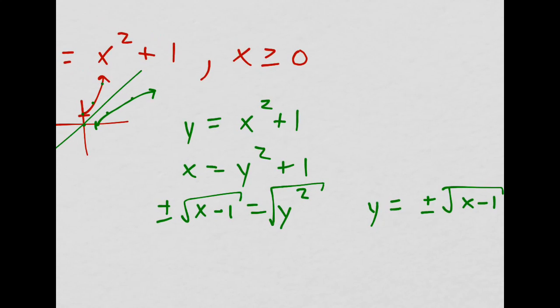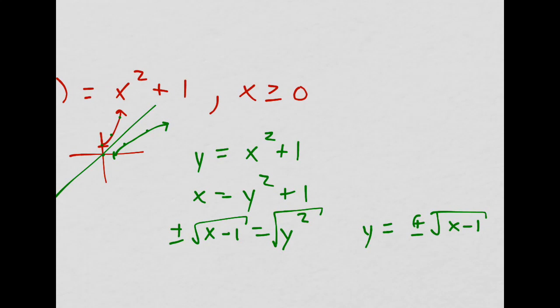Here's the thing. This is why it's important to graph, because we don't have a plus or a minus because of this restriction. If this restriction wasn't there, then we'd have to use the plus or minus. But we have this restriction, and it restricts us for the inverse function to the top half of that square root. So we would just take the positive in this case.